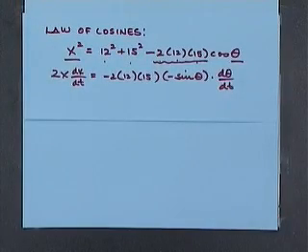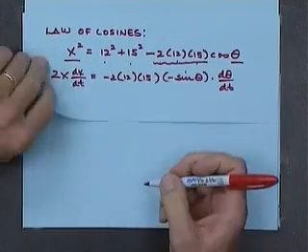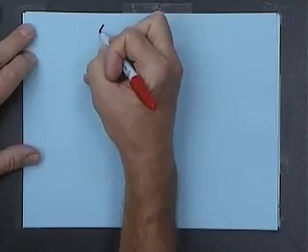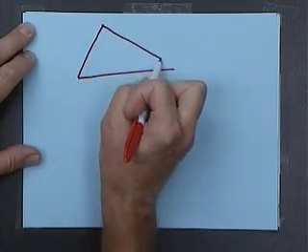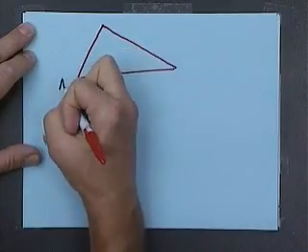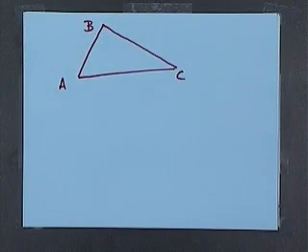The law of cosines, let me just, in general, I could tell yesterday that that wasn't something on the tip of your tongue. So let's call this angle A, angle B, and angle C. Any triangle, it's not necessarily a right triangle.